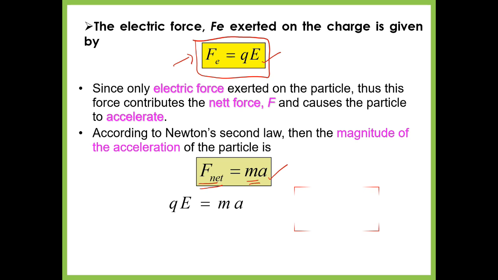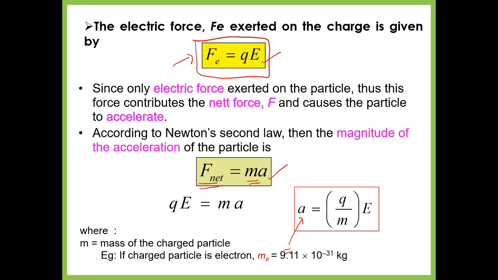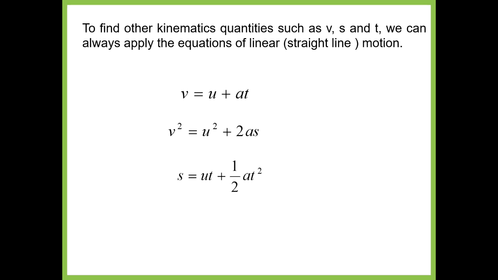So we equate the two terms, and finally we can find the acceleration, a, that is equal to q over m times the electric field. Q is the magnitude of charge. We can also apply the three kinematic equations to find the velocity, initial velocity, time, and also displacement for the charge that is moving parallel to the field, as explained just now.